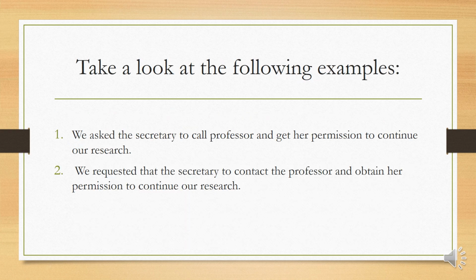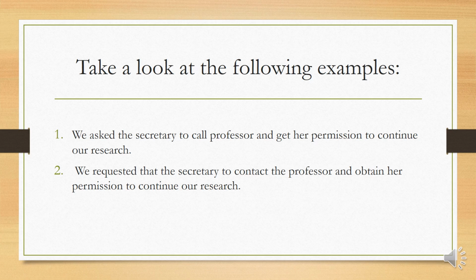Take a look at the following examples. Number 1, we ask the secretary to call the professor and get her permission to continue our research. Number 2, we requested that the secretary contact the professor and obtain her permission to continue our research. Notice the following differences.